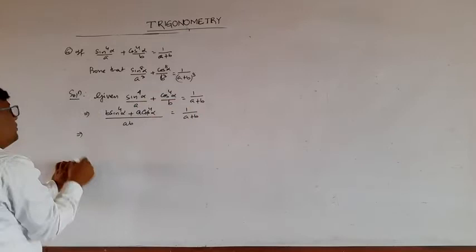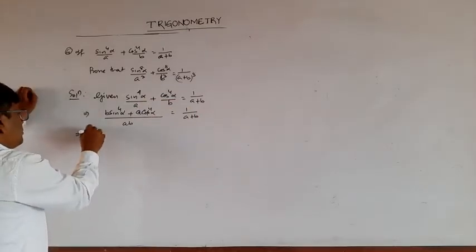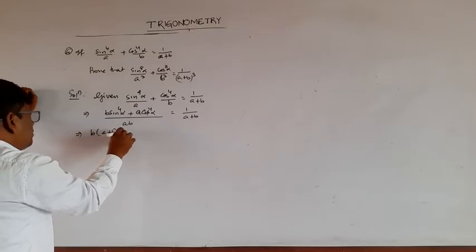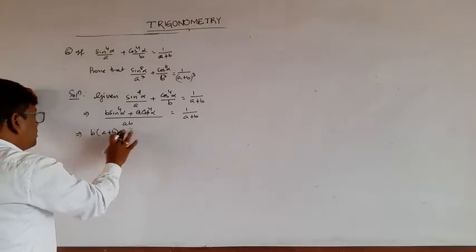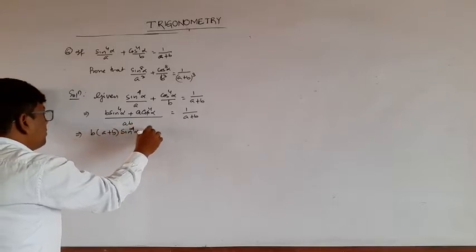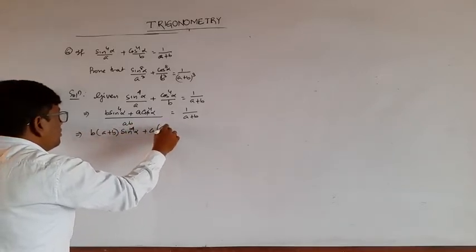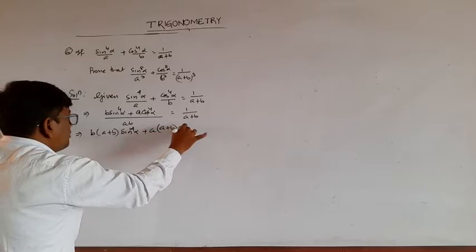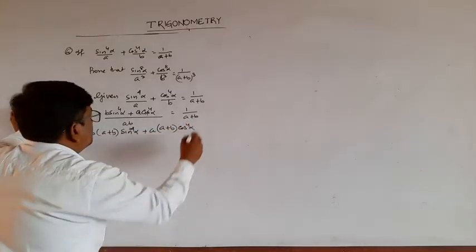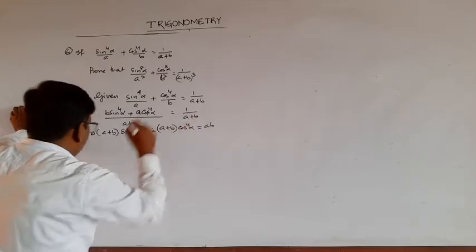Now b into (a plus b) sin to the 4th alpha plus a into (a plus b) cos to the 4th alpha is equal to ab.